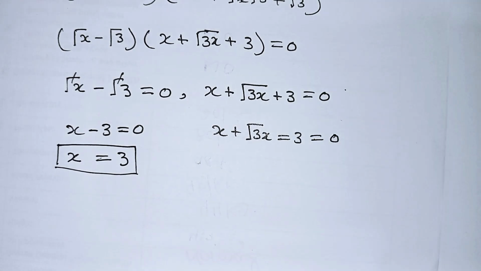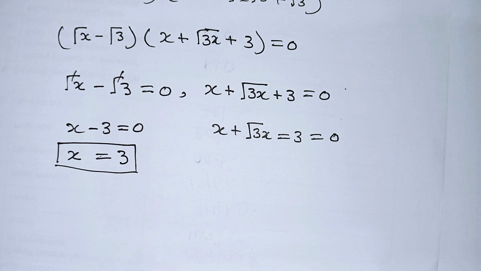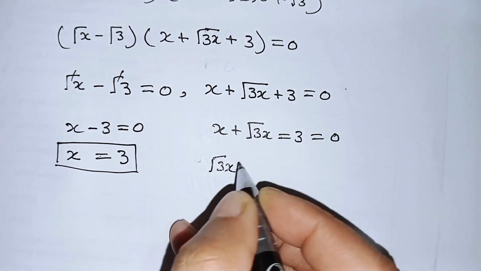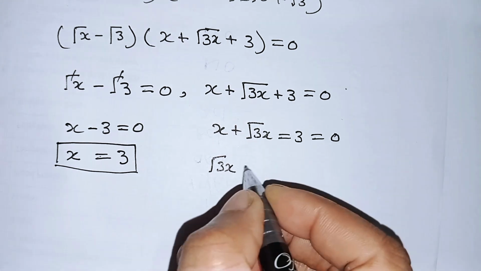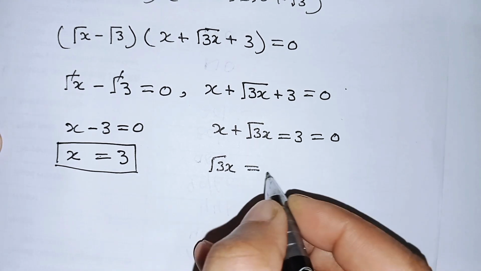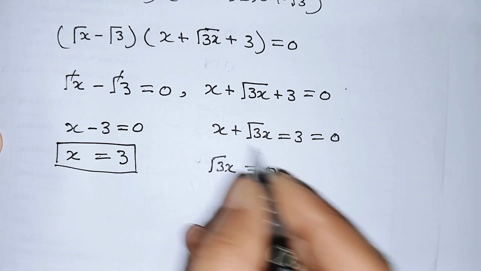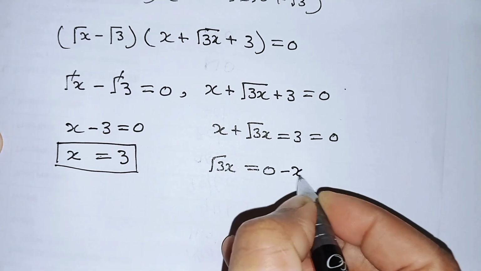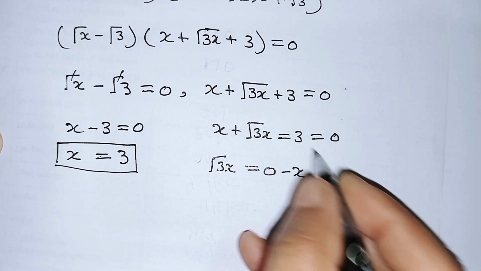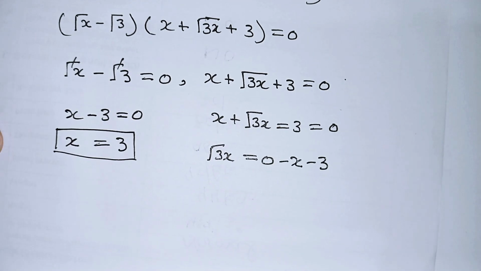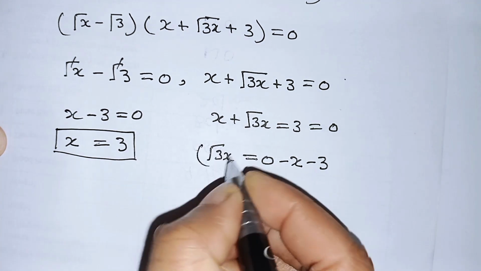And so here, square root 3x is equal to minus x minus 3, moving x and 3 to the other side, and now we can square both sides.